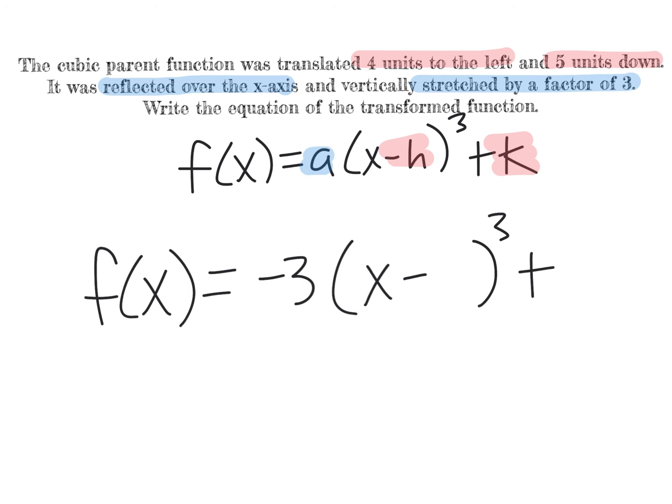So to the left means that the change is going to be inside. So we're going to have x minus 4. Now, since we're going to the left, we're usually going to the negatives. So minus a -4 to the left. And then 5 units down means -5 on the k.